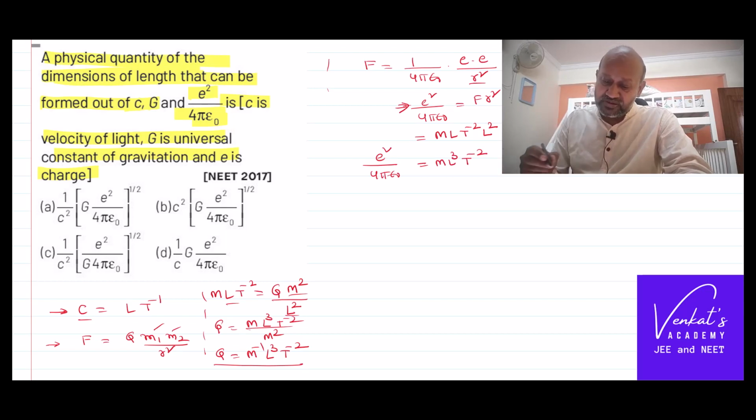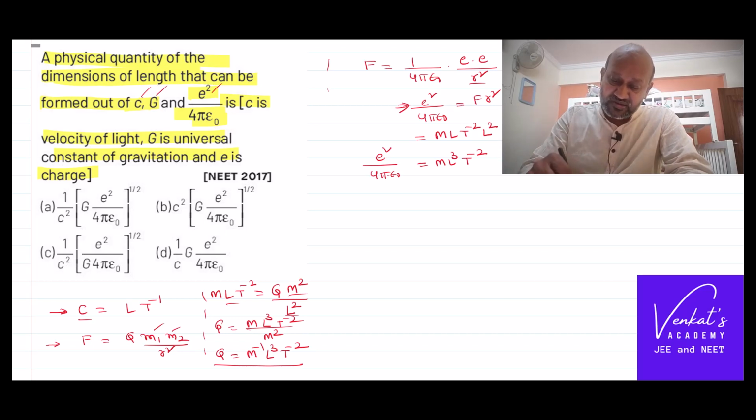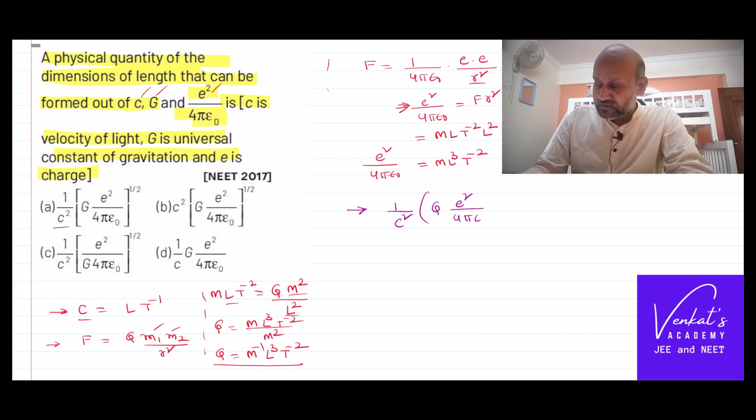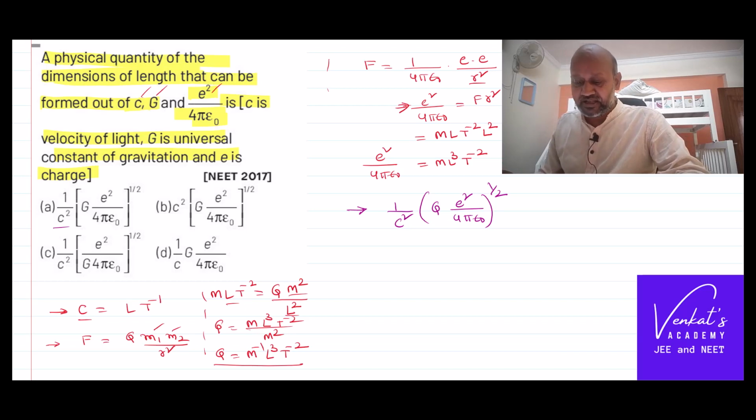Now, I know the dimensions of each of that: c, G, e square by 4 pi epsilon naught. Let us check with the options. I will check with option A and see what option A gives you. What is there in option A is 1 by c square, G e square by 4 pi epsilon naught, whole power of half. Let us check the dimensions of the first option itself, so that you will get an idea in which of the options there is a possibility of getting length.